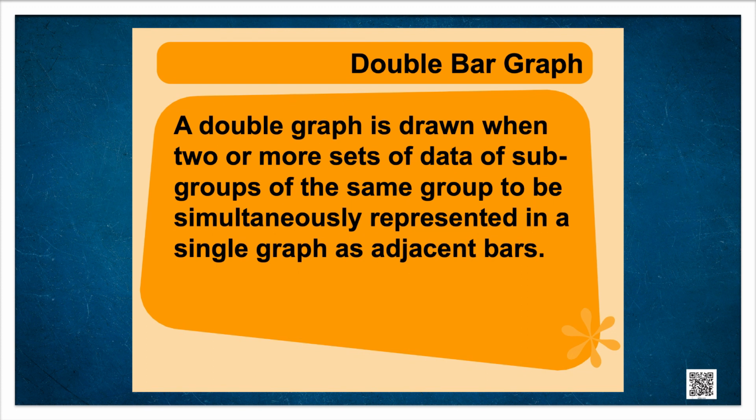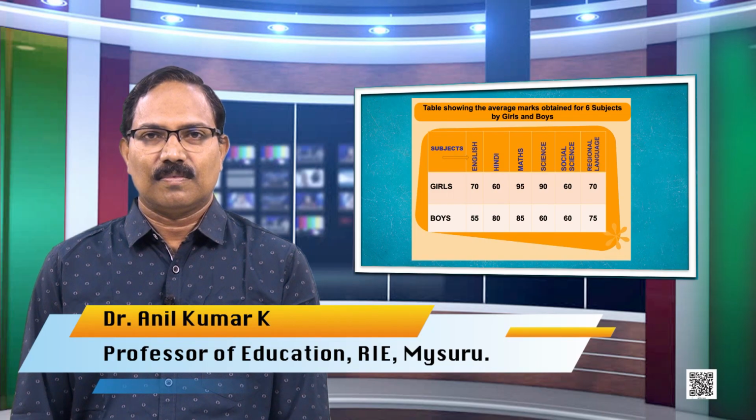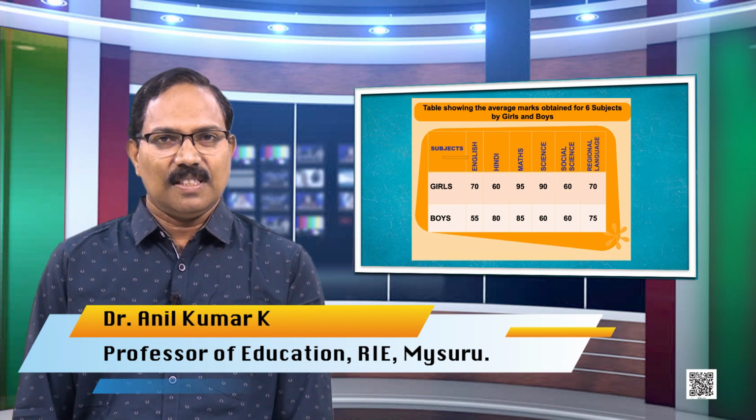Such graphs are called double bar graphs. What is the advantage of using a double bar graph? Yes, in this case you are able to compare the performance of boys and girls. Students, how do you draw a double bar graph?